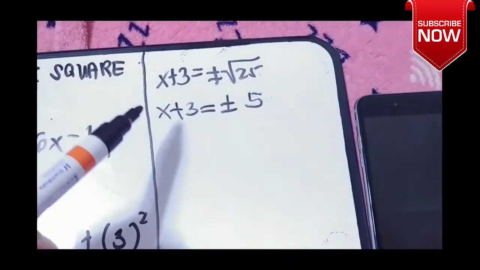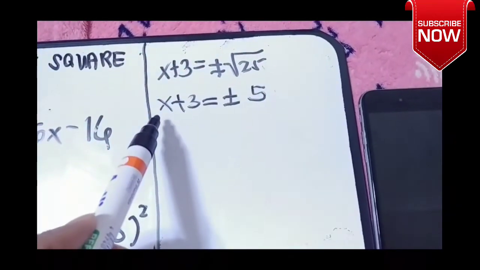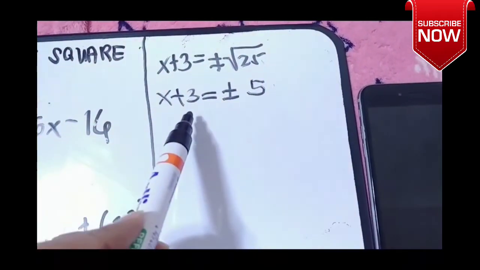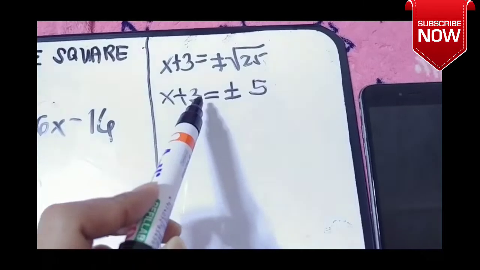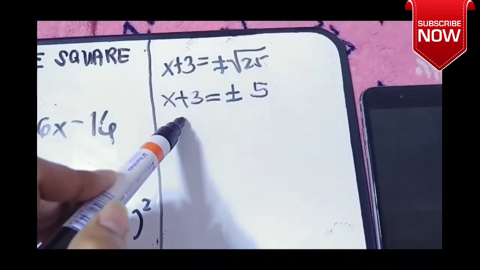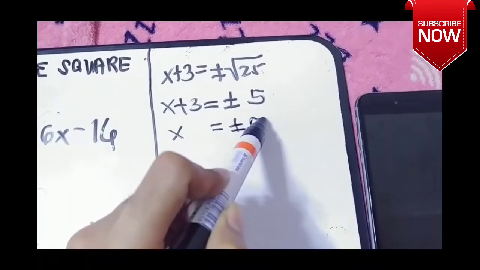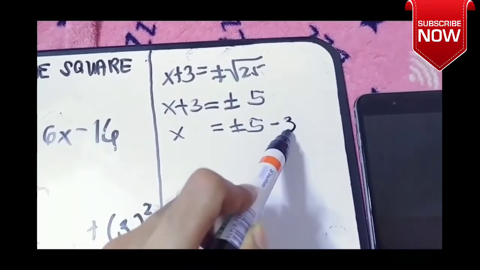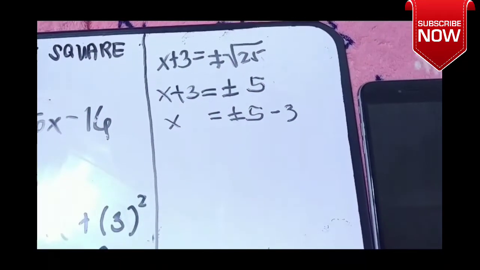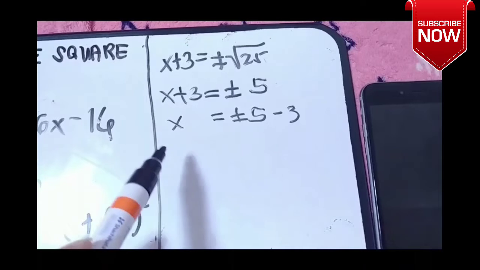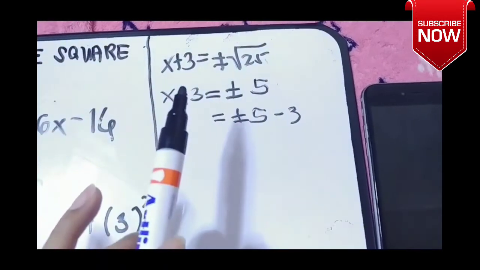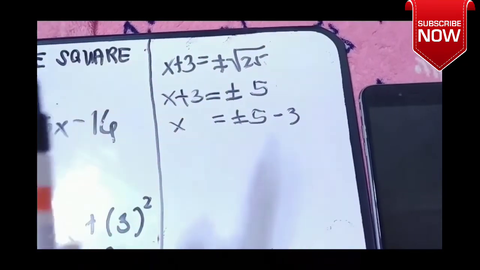So, ang sunod na gagawin natin ay isasolve na natin ang value ng x. At para masolve ang value ng x, kailangan nating i-transpose yung positive 3 sa right side. So, magiging x equals plus minus 5 minus 3. So, pwede na natin ngayon masolve yung value ng x, provided na kailangan nating mag-consider ng plus and minus sign.